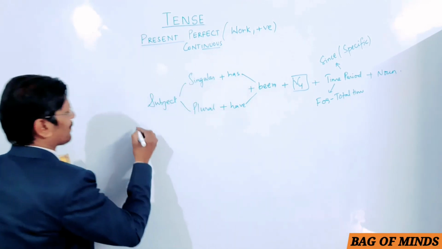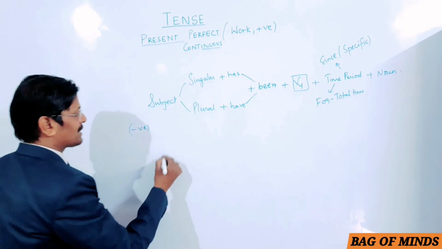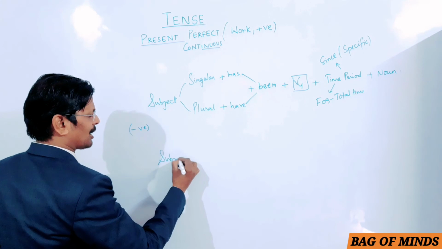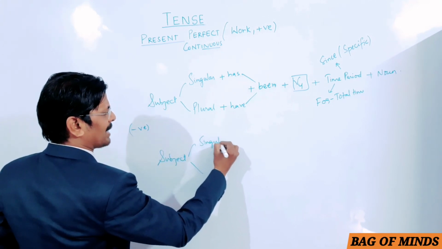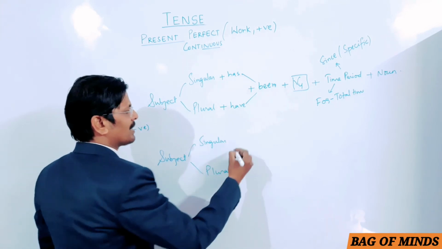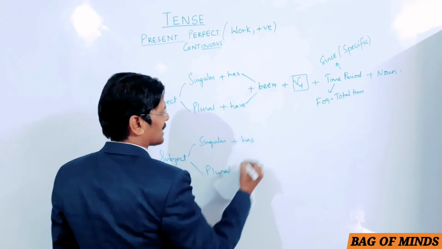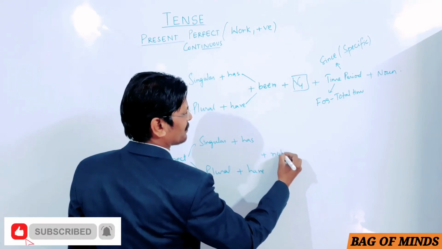In case you have to make a negative present perfect continuous sentence, there is a little change. If you just pay attention to the change, you can understand the arrangement of sentences in negative form. So first, has with singular, and with plural, I will use have. After that, not.